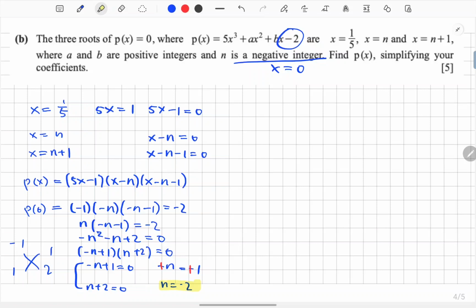Now we will plug our known root into our P of x. We're going to use 1 over 5 first. And the output will be 0 because it's a root.